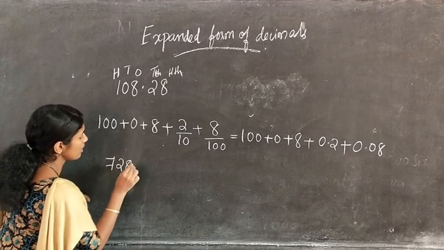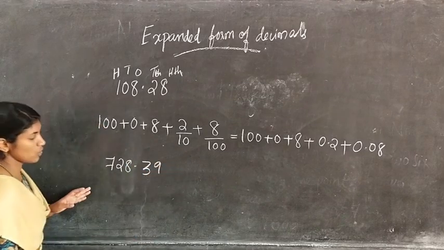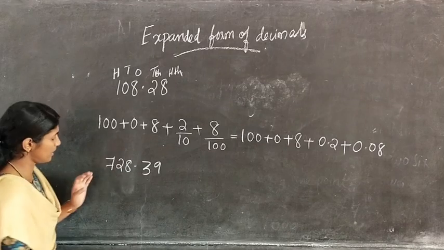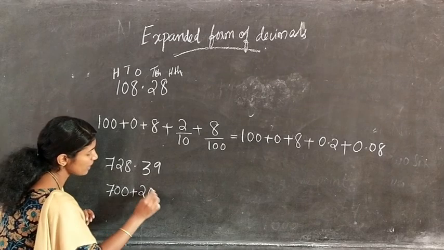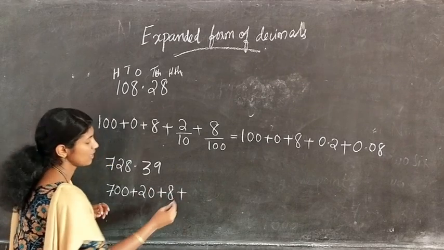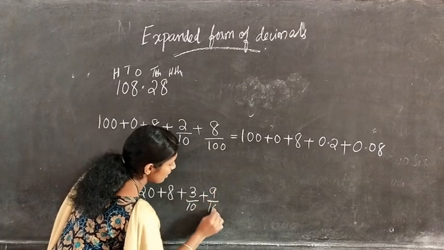728.39. So we have to write the expanded form of this decimal number. That is 700 plus 20 plus 8 plus 3 by 10 plus 9 by 100.